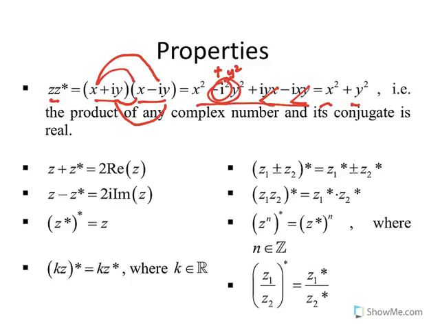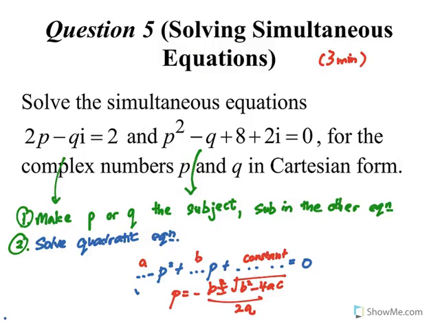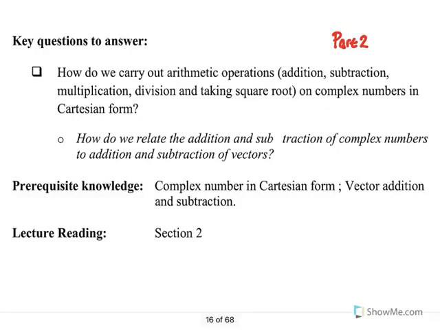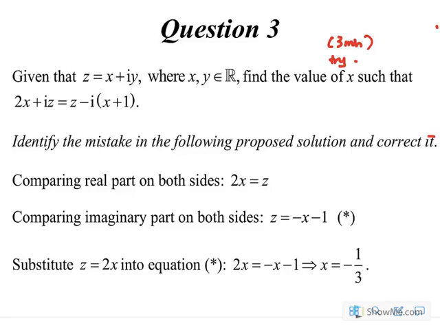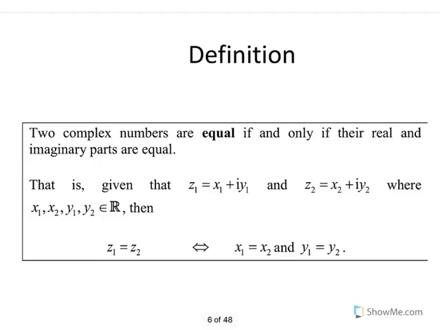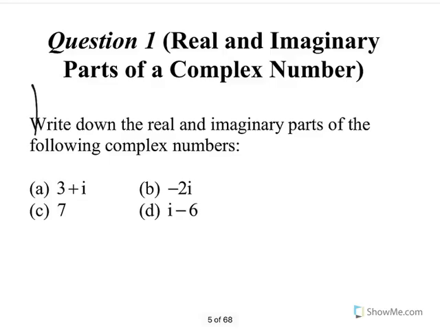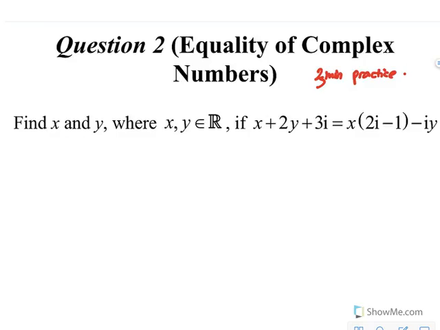This is easy when you are doing division of complex numbers, for example. Let me show you what I mean. Sometime back, 1 week ago, before our lecture test, we were doing this one.